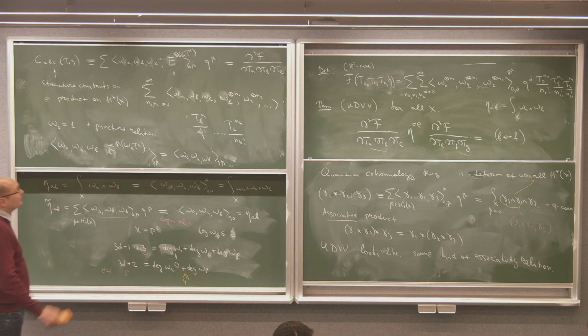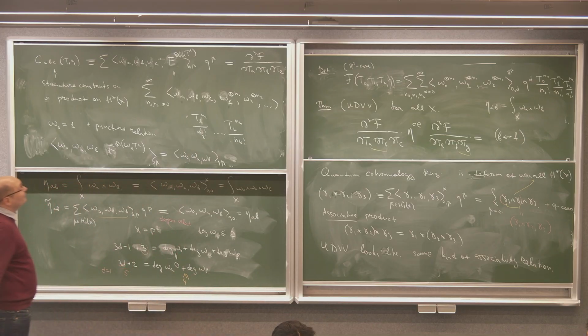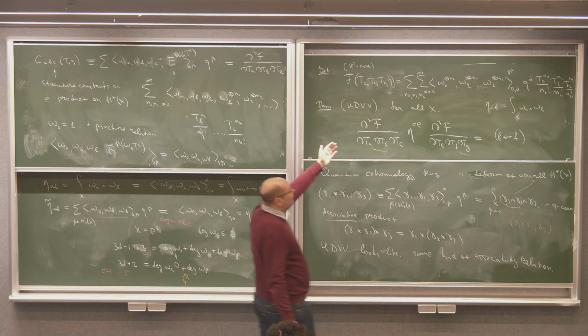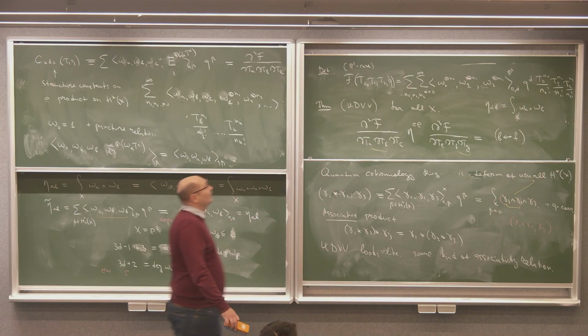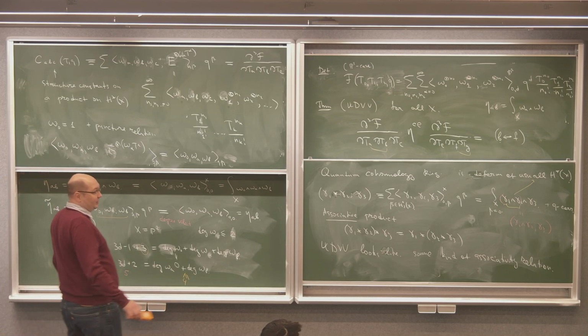That is a rough explanation, but once again it's part of a definition. You can use a different definition without factorials. People use all different kinds of generating functions, but this generating function with factorials satisfies some nice WDVV equation. Some other generating function might satisfy some other nice relation.